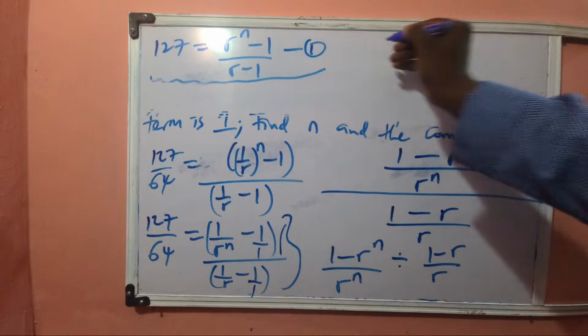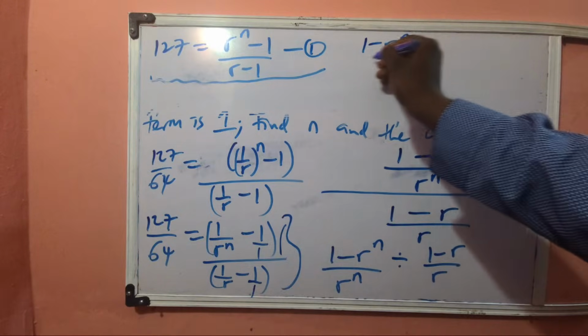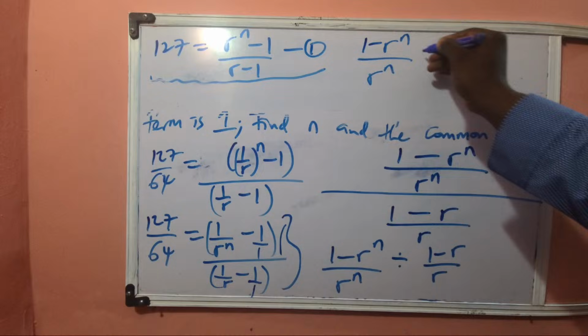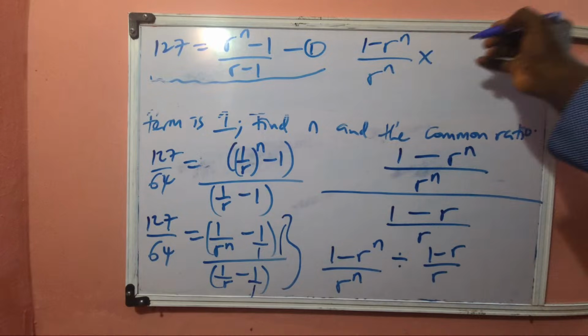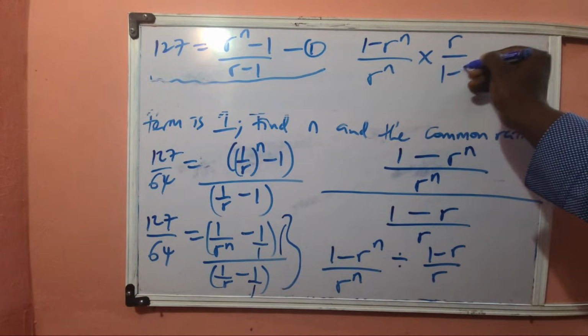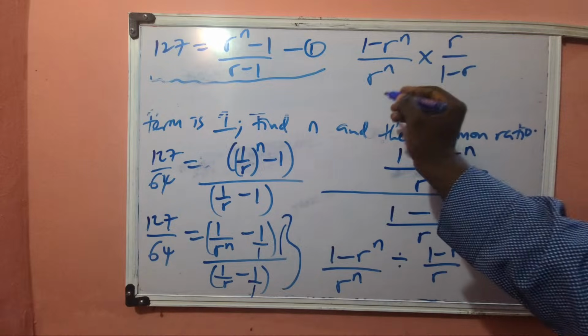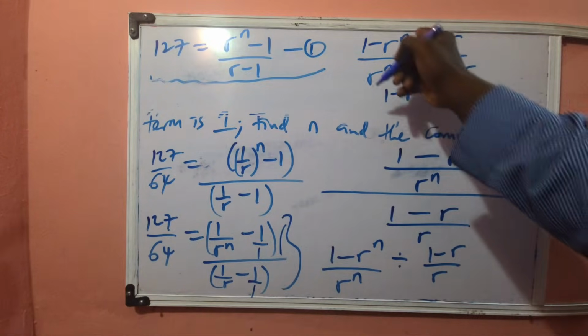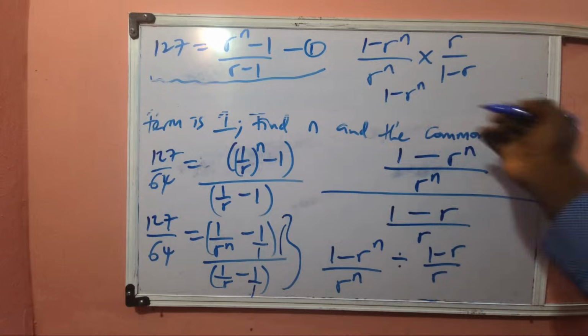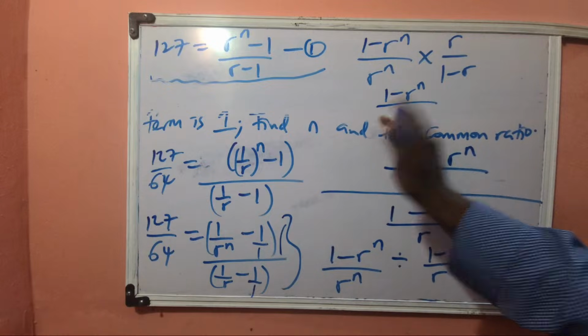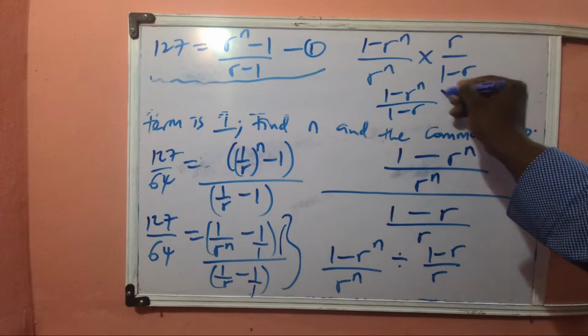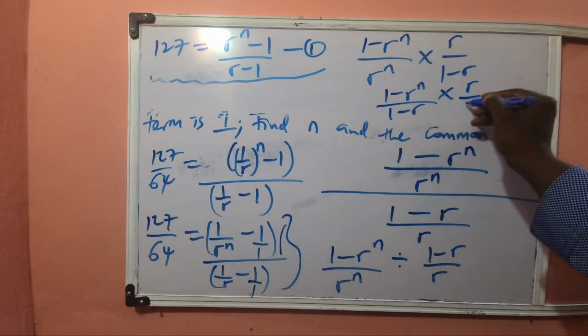I'm not wrong if I write this as 1 minus r raised to power n over r raised to power n times, I invert it, that will be r over 1 minus r. So for the sake of a better visibility, I can write this as 1 minus r raised to power n, this upper one, over 1 minus r times r over r raised to power n.